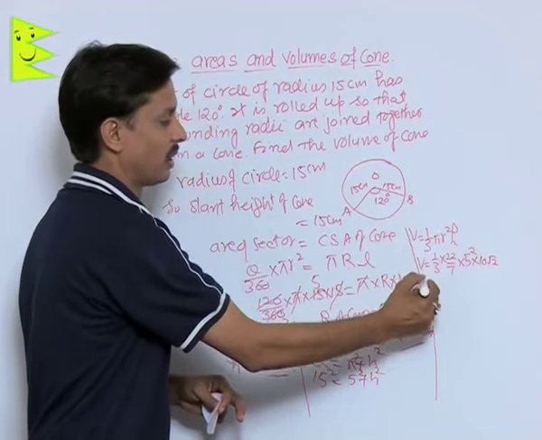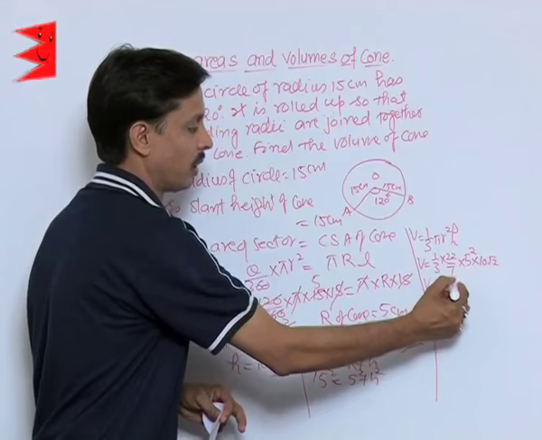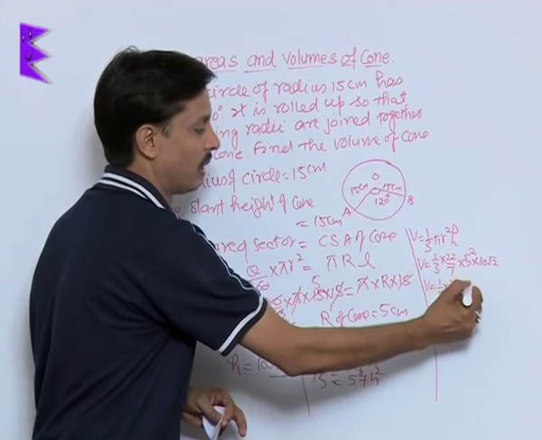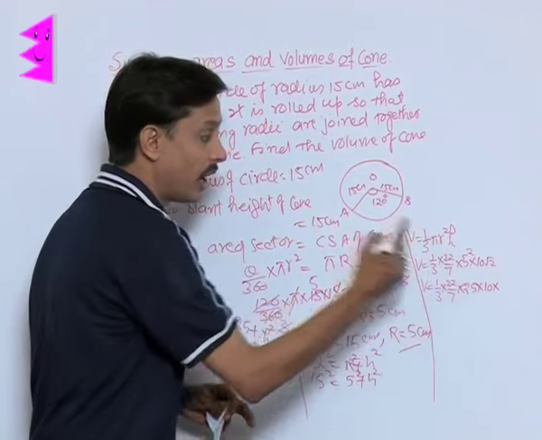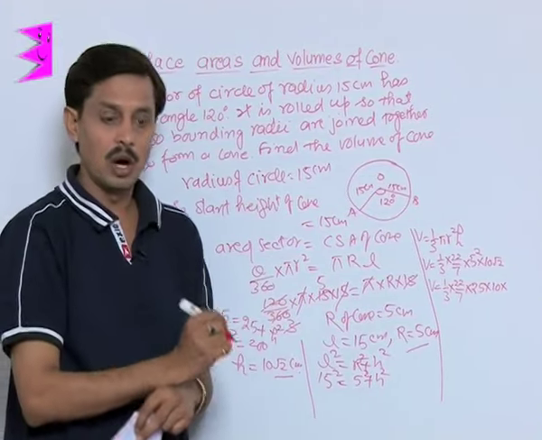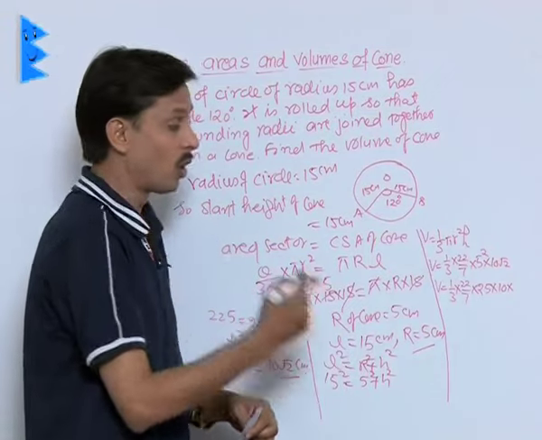So after putting the values, the volume becomes 1 by 3 into 22 by 7 into 25 into 10 into, in place of root 2 we can write 1.414.